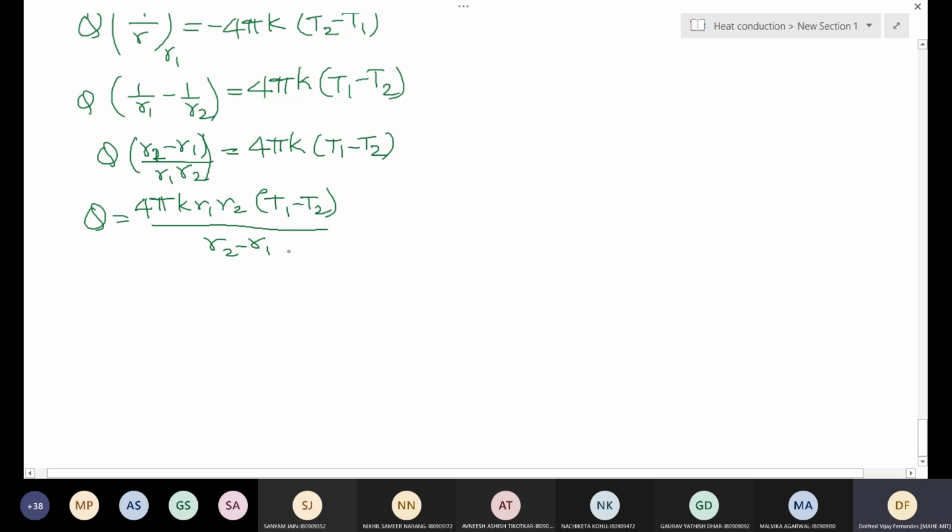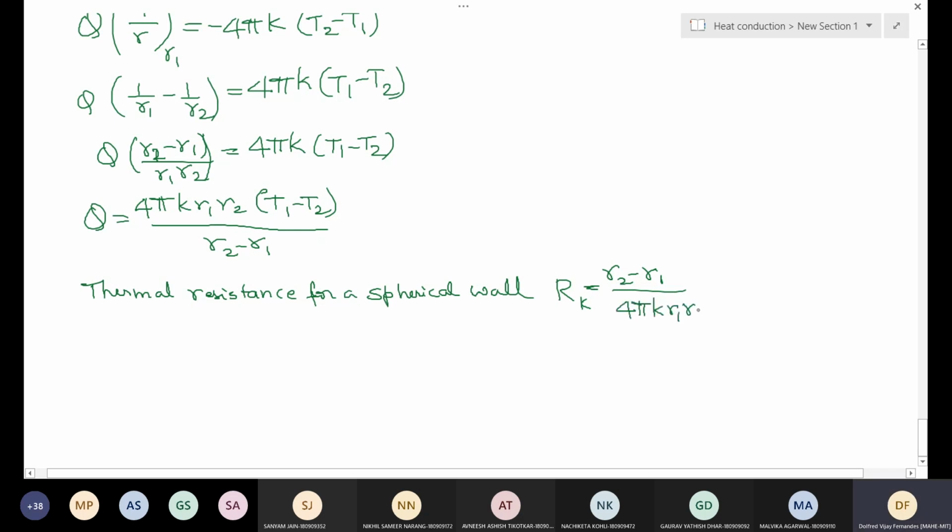Now to write the thermal resistance for a spherical wall, R_k, you have to write this quantity: (r2 minus r1) divided by 4 pi K r1 r2.